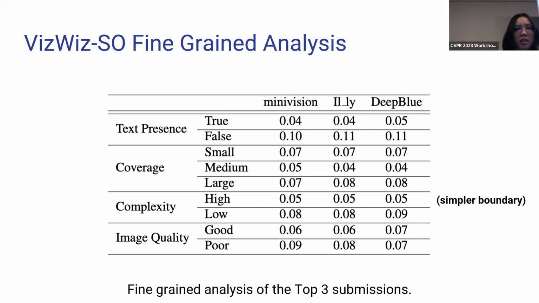And in terms of the coverage of objects, which is the size of the objects in the image, we observed that algorithms struggle with small and large objects. In terms of boundary complexity and image quality, we also observed that the models struggle with foreground objects with more complex boundaries and images with lower quality.